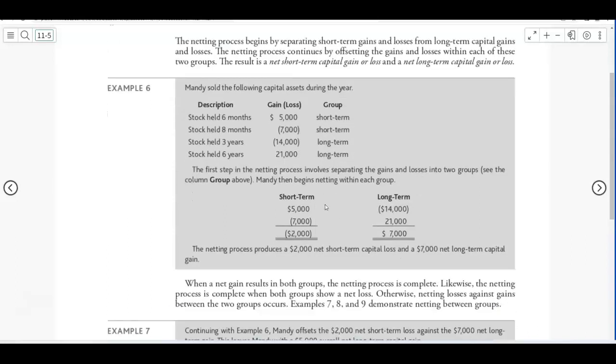Now let's do the netting. The first step in the netting process involves separating the gains and losses into 2 groups. See the columns in here. So short term, we take the $5,000 gain less $7,000 short-term loss. So we have a 2,000 net short-term loss.